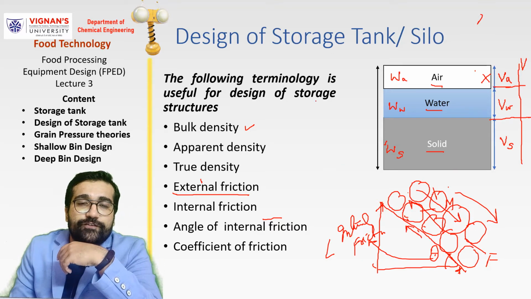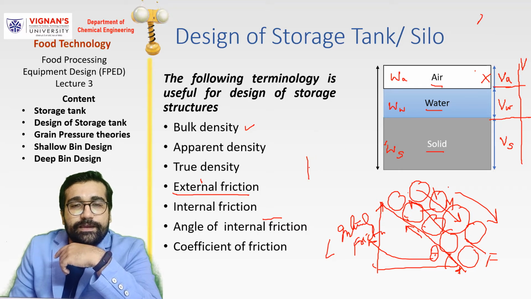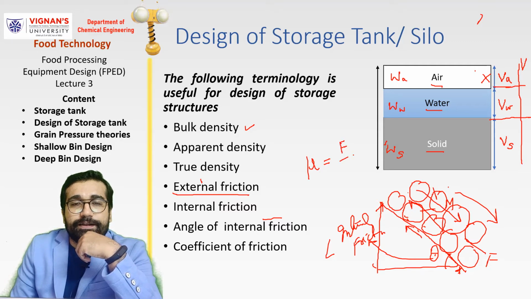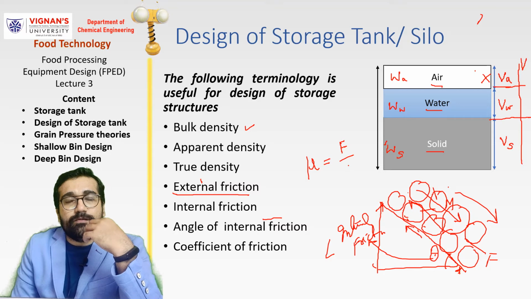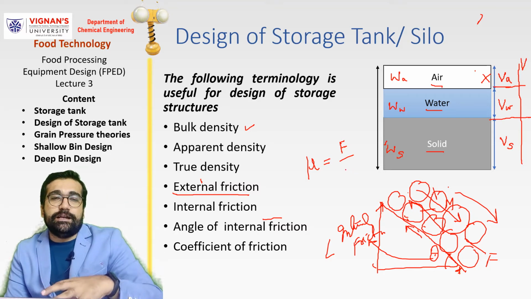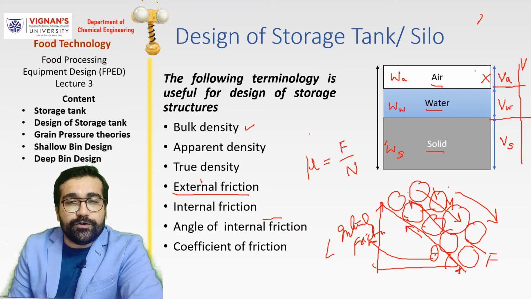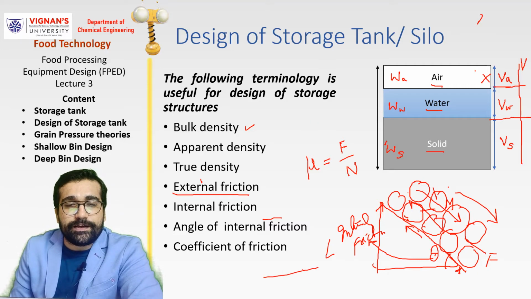The coefficient of friction, denoted by mu, equals the force of pull offered on any particle divided by the force due to gravity. Suppose we have a particle on a slant surface.